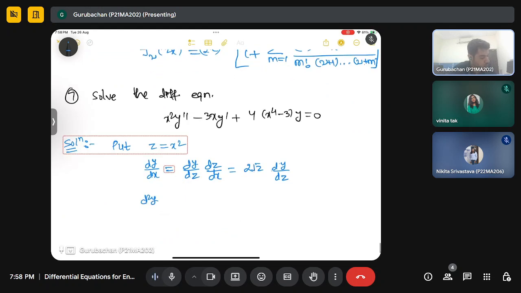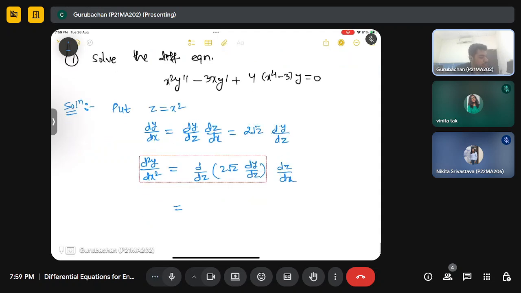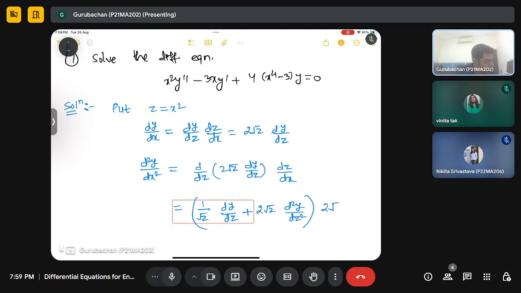Next is d2y by dx square. So this will be d by dz of this quantity, that is 2 under root z dy by dz, into dz by dx. This will give you 1 by under root z dy by dz plus 2 under root z d2y by dz square, and dz by dx is nothing but 2 under root z.